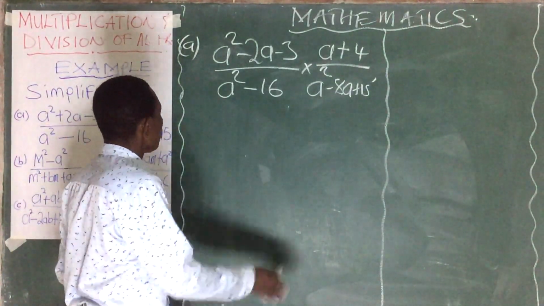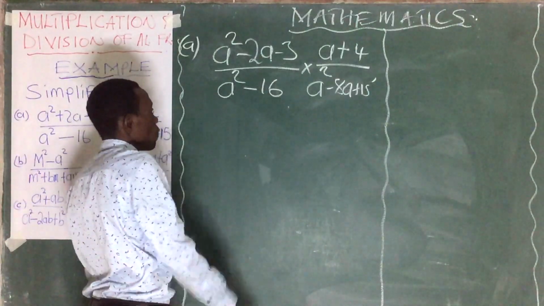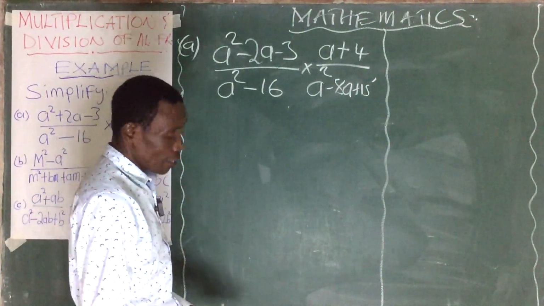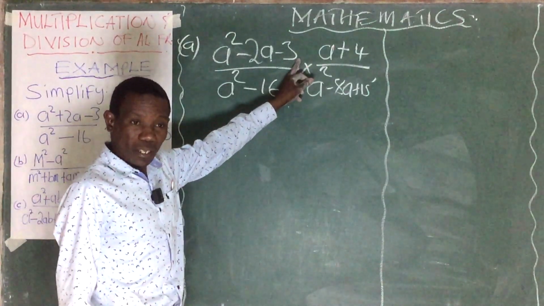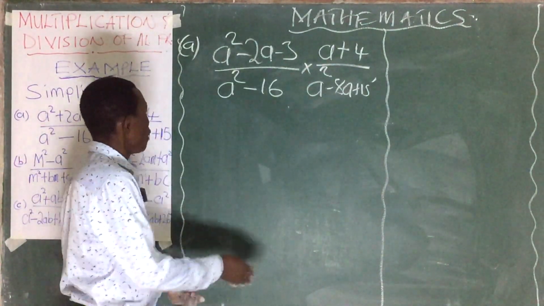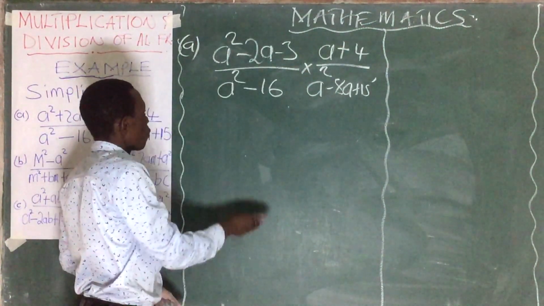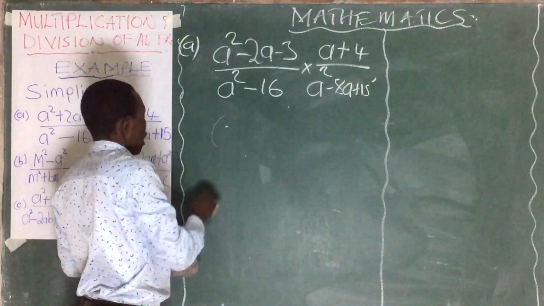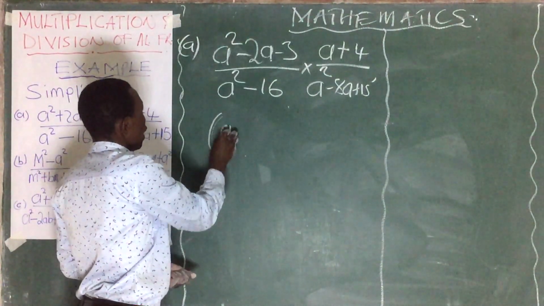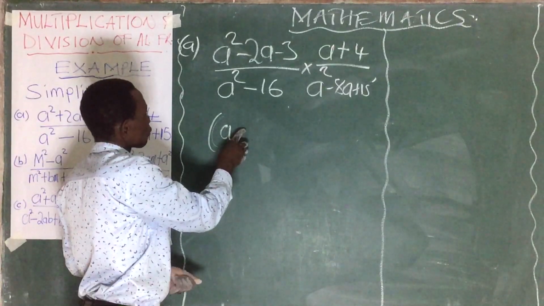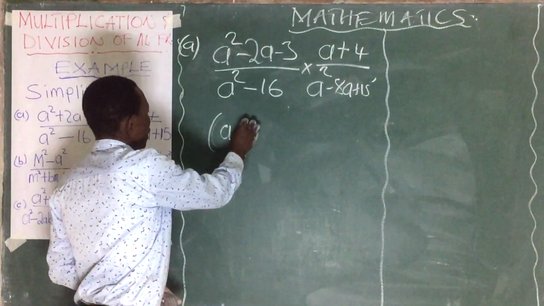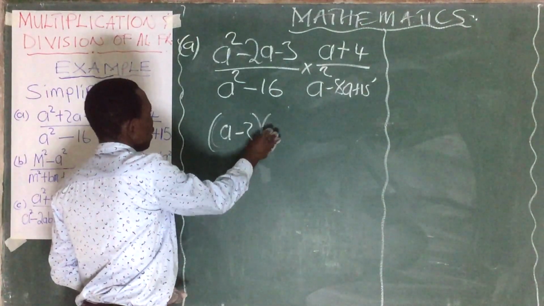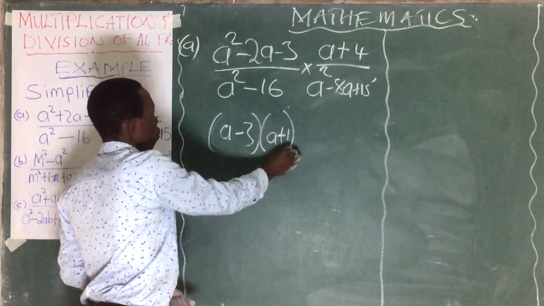Right, so you'll be able to see that the top expression of the first fraction can be well factorized. You can follow the same procedure of the grouping method of factorization. If we try to factorize this one, we are going to get a minus 3 and then a plus 1.